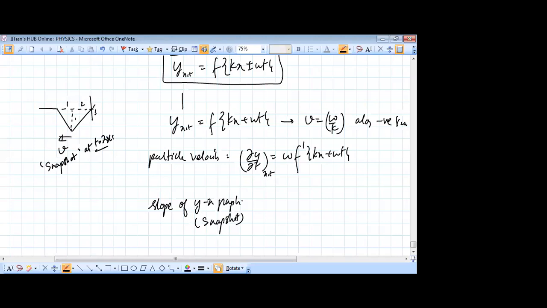So that snapshot picture slope at any point will be del y by del x, because time is constant. So you are differentiating y with respect to x, keeping time constant. So differentiate this partially with respect to x. So it is k into f prime of kx plus omega t. Okay. So now we are looking at this particular point, which is point P.